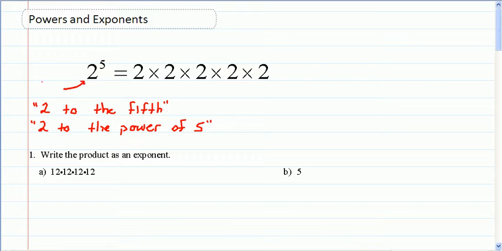The number 2 is called the base, and the number 5 is called the exponent.